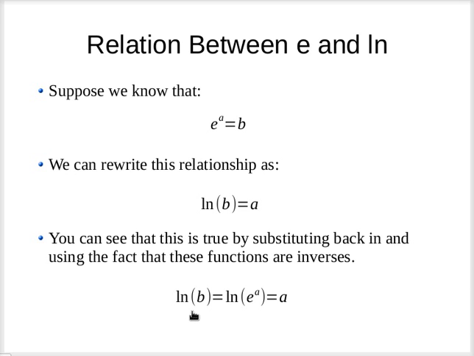So if I look at the natural log of b, I can substitute back in. I said that b is equal to e to the power a. So that gives me the natural log of e to the power a. And then since natural log and the exponential function are inverses, that's just going to give me a right back.